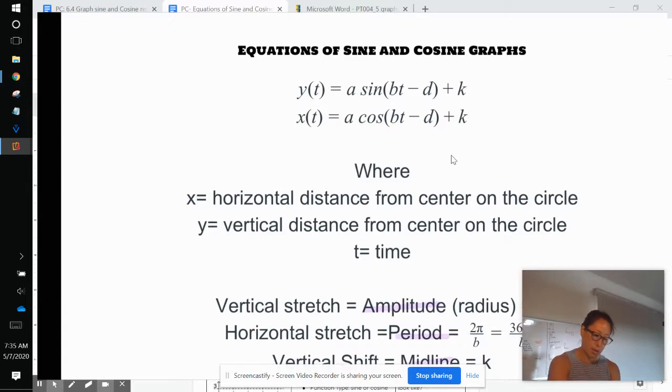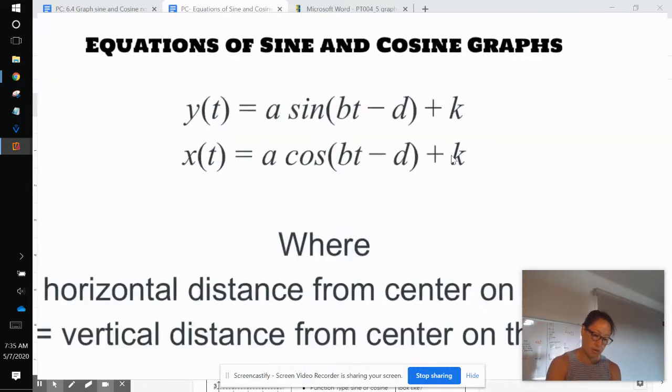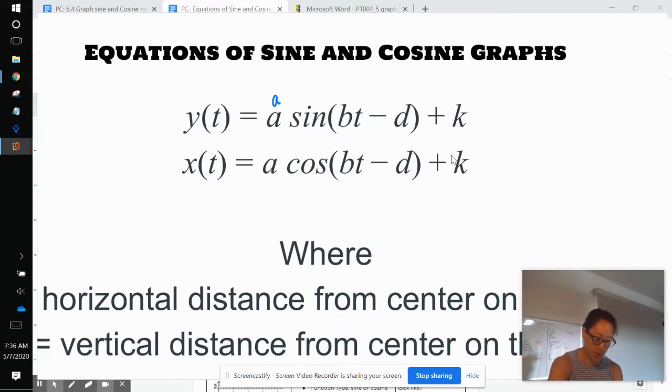Let's go ahead and look at what each of the features are. So the A is our amplitude, or our vertical stretch. The K is our midline, or our vertical shift, okay? The B value is our angular speed, which we get from the period.